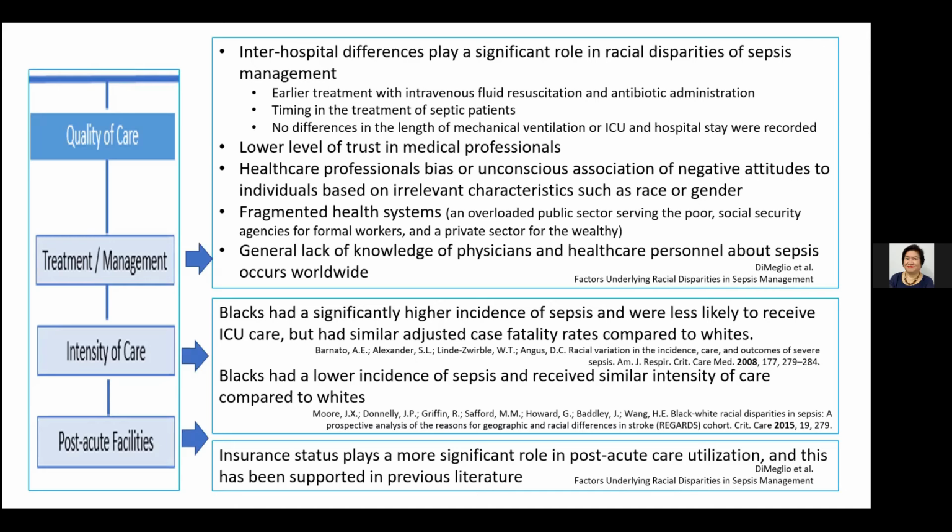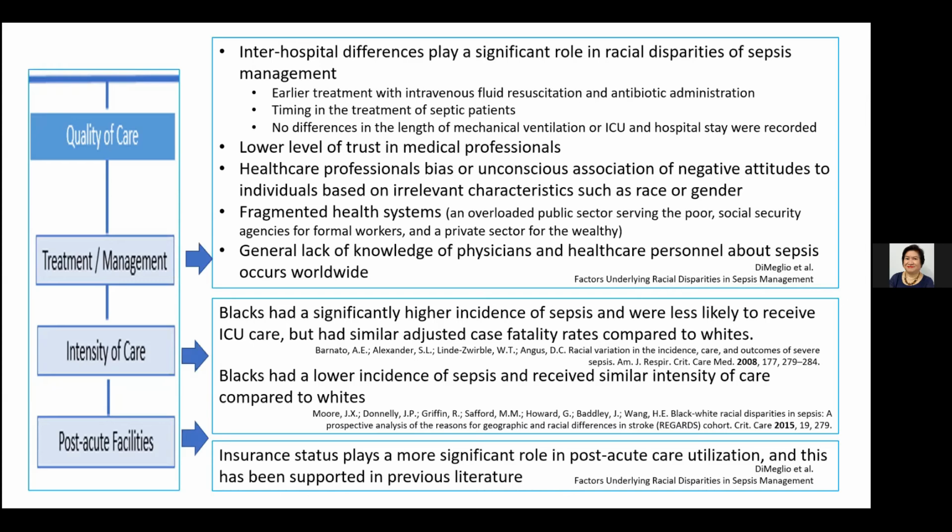A retrospective study by Bamato showed from administrative claims that Blacks had a significantly higher incidence of sepsis and were likely to receive ICU care but had similar adjusted case fatality compared to whites. A similar study by Moore and colleagues found that Blacks have a lower incidence of sepsis and receive similar intensity of care compared to whites.